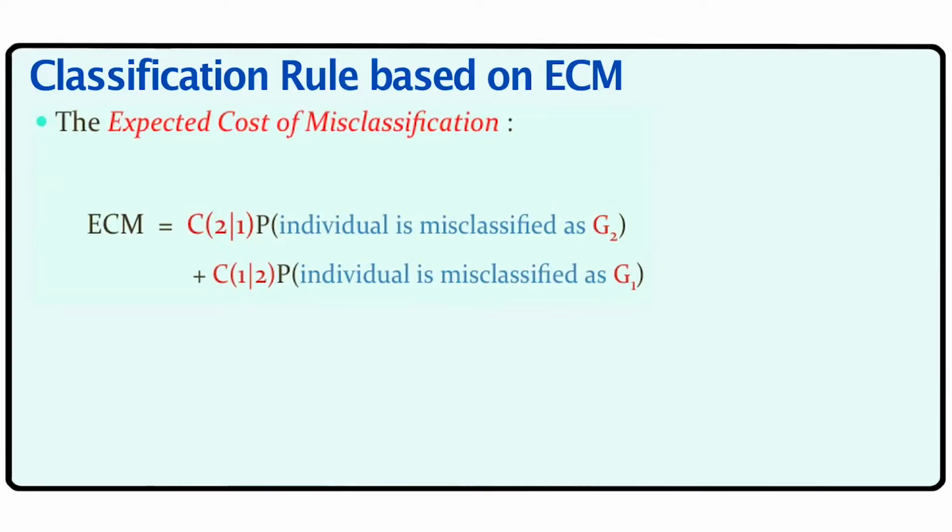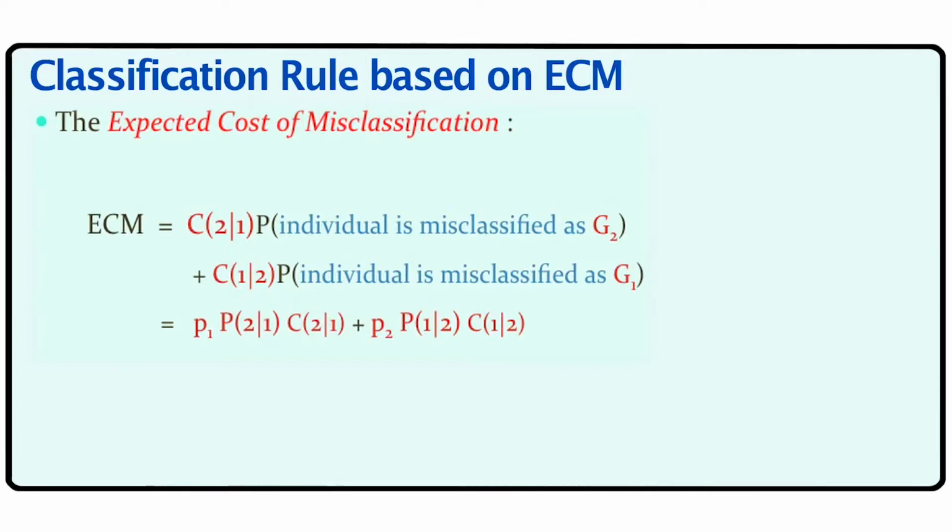When you find expected cost, it has to be the cost of misclassifying an individual from G1 to G2 times the probability that the individual is misclassified as G2, plus the cost of misclassifying an individual from G2 into G1 times the probability that the individual is misclassified as G1. As we have seen before, the probability that an individual is misclassified as G2 is P1 times P(2|1). So we simply multiply it by C(2|1), and similarly for the second part.